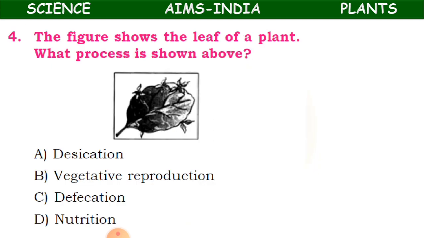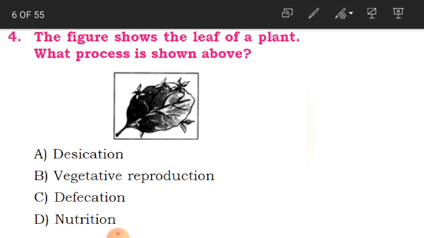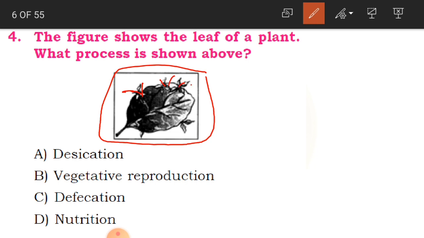The figure shows the leaf of a plant. What process is shown above? See here children, in the picture we have got a figure of a leaf. So what are you able to observe in this? You can see the new shoots coming out, and roots forming here. So in the sense, what process is going on?